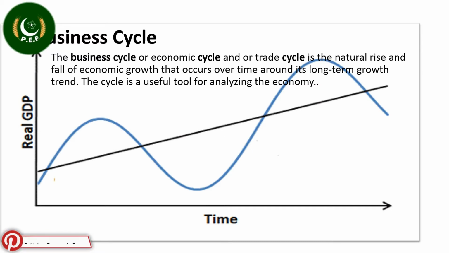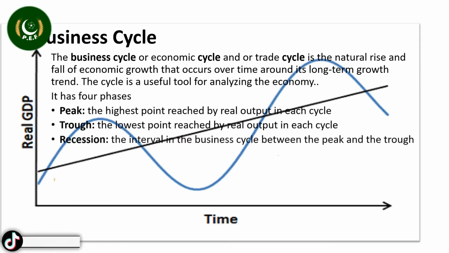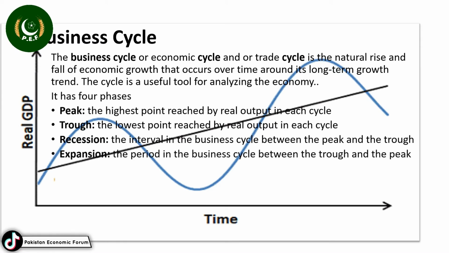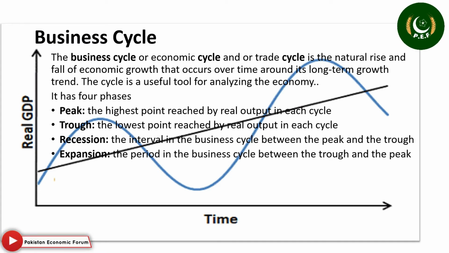The cycle is a useful tool for analyzing the economy. A business cycle has four phases. Peak, which is the highest point reached by real output in each cycle. Trough, which is the lowest point reached by real output in a cycle.